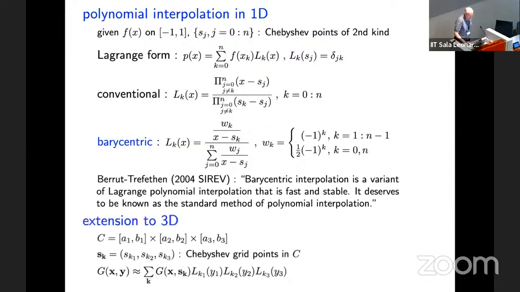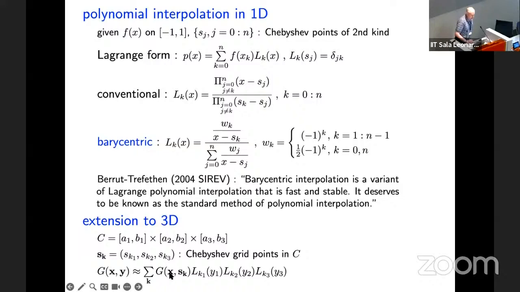So the first thing is to say that this can be extended in a very straightforward way to 3D using tensor products. If you have an arbitrary triple product of intervals, you have a tensor product grid of Chebyshev points. And here, thinking now we're going to interpolate kernels, we're going to interpolate Green's functions.